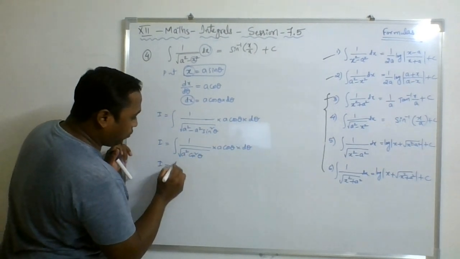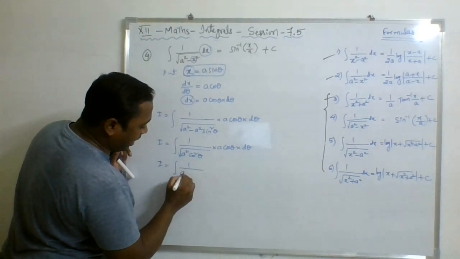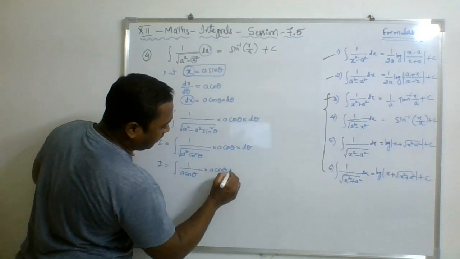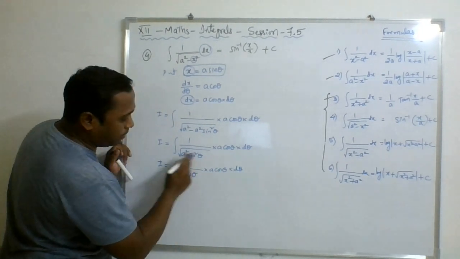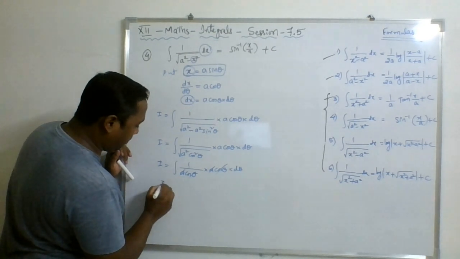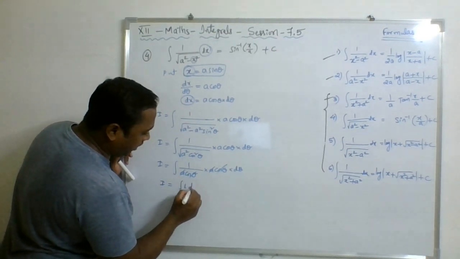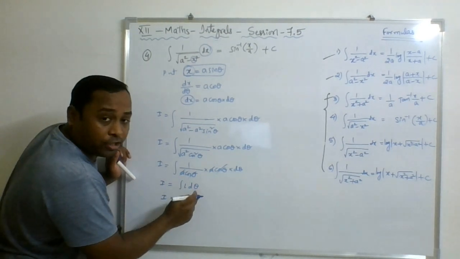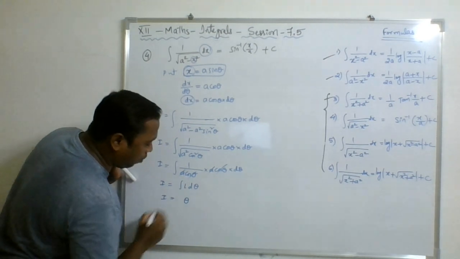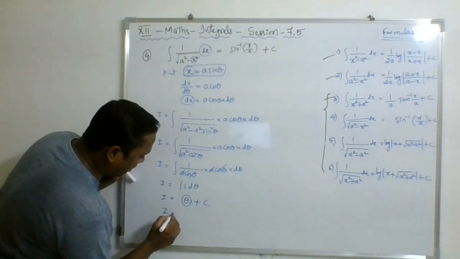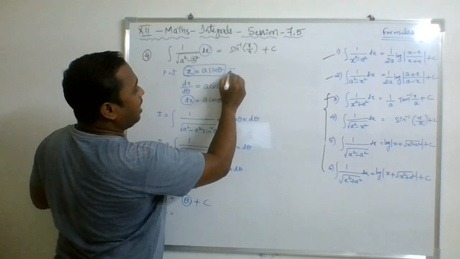So I is equal to, it is going to reduce as a cos theta into a cos theta into d theta, because they are the perfect squares. a gets cancelled, cos gets cancelled. We are left with 1 into d theta. So the integral of 1 with respect to theta will be theta only, plus c, and we need to change theta again into the original variable.